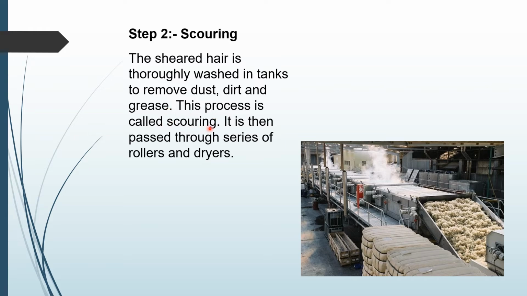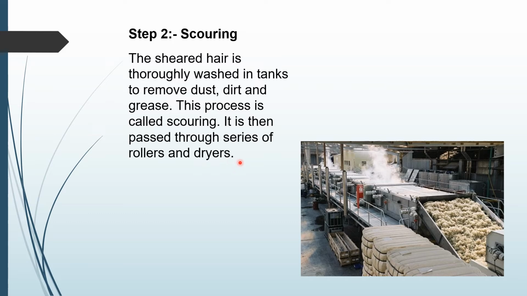You can see in this picture, in a factory, many tanks containing hot water, and the sheared hair is thoroughly washed for removing dust, dirt and grease. It is then passed through a series of rollers and dryers.